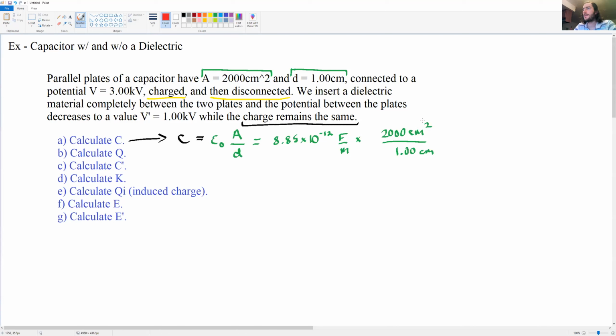That will lead to the cancellation of 1 power of the centimeters in the numerator. And so we should then convert centimeters to meters. We could write it in the following way: 100 centimeters is 1 meter.